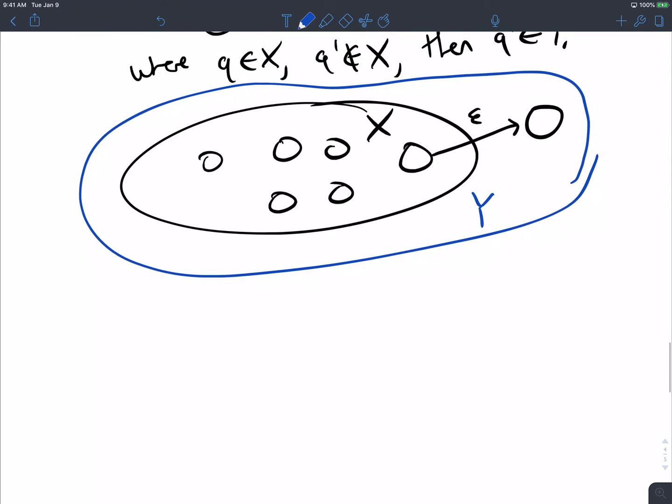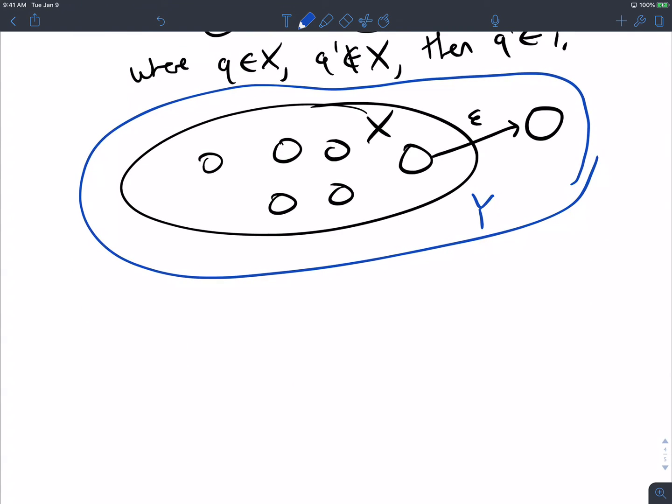Could we have a situation where I have a state out here that has an epsilon transition on the way in? Should I include the outer state here? No, because the state at the tail of the transition wasn't originally in our set, so we cannot necessarily reach the outer state. We can reach the inner one, but not necessarily the outer one. But if we have a transition that goes outside, we can definitely reach the other one.